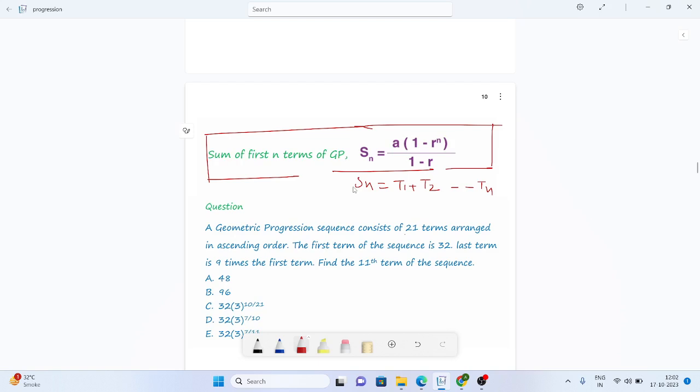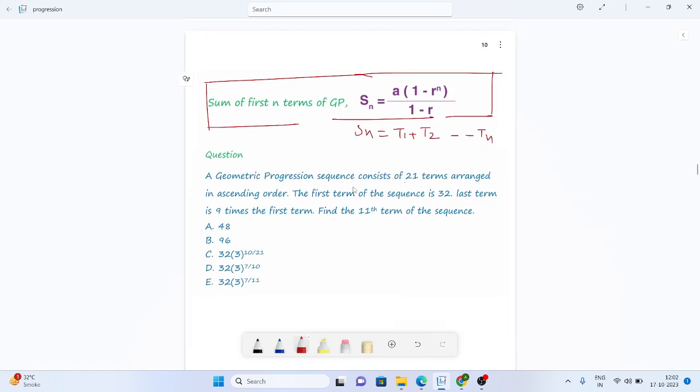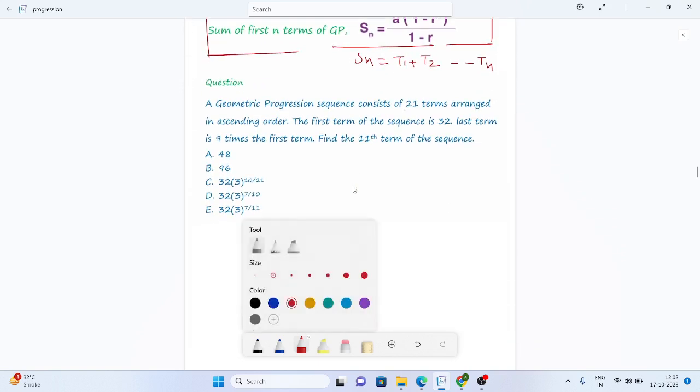Let's do one question. Read it out. A geometric progression sequence consists of 21 terms arranged in ascending order.